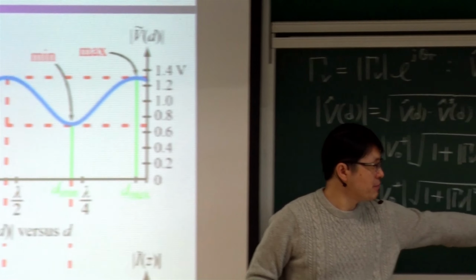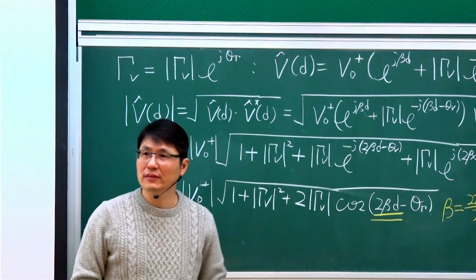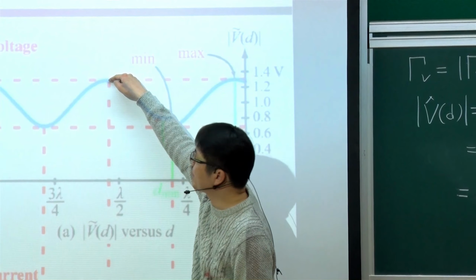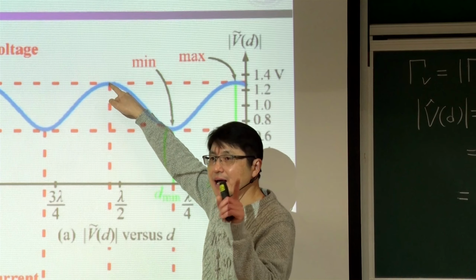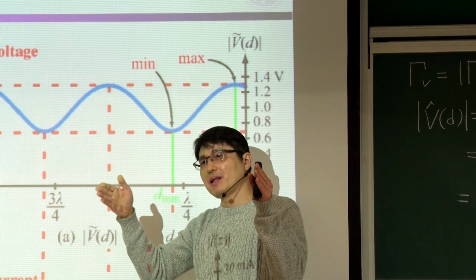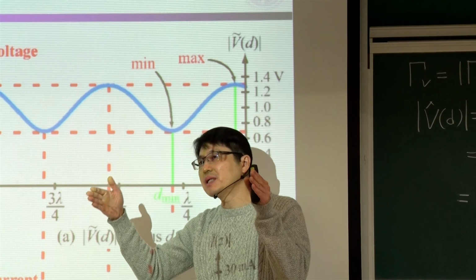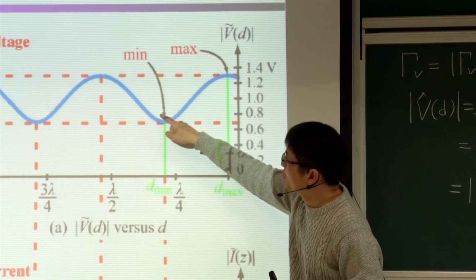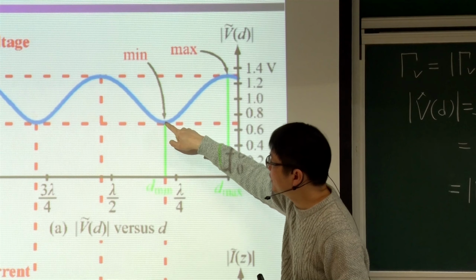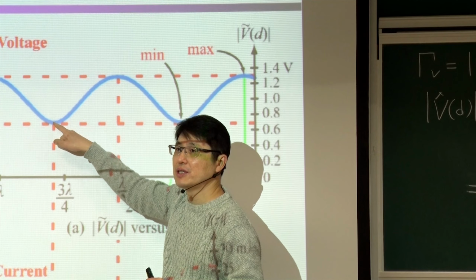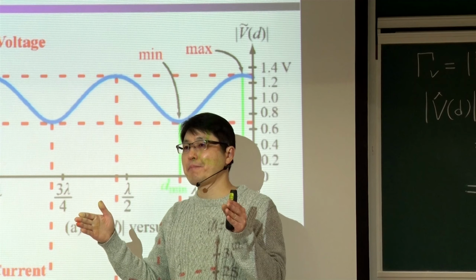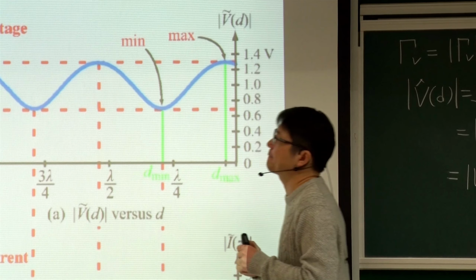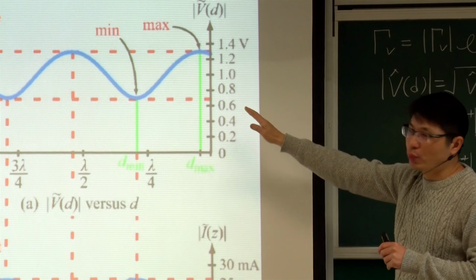So that's the physical meaning of this 2. This maximum point to the next maximum point is not distanced by lambda, but rather lambda divided by 2. The distance from the first minimum point to the next minimum point is also lambda divided by 2.